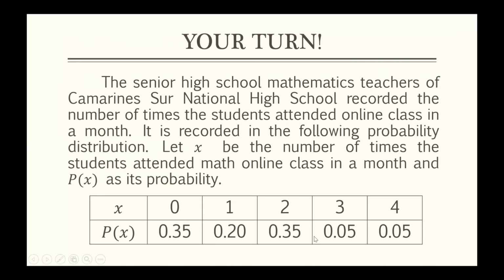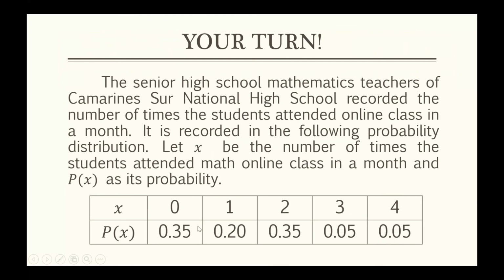Now, it's your turn. The senior high school mathematics teachers of Camarines Sur National High School recorded the number of times the students attended online class in a month. It is recorded in the following probability distribution. Let X be the number of times the students attended math online class in a month, and P of X as its probability.